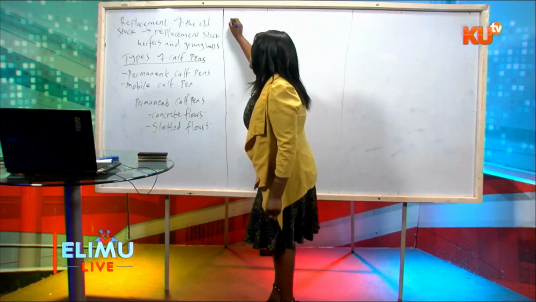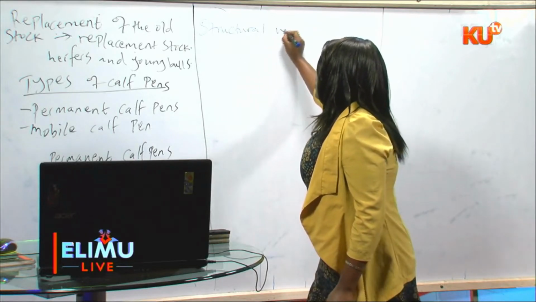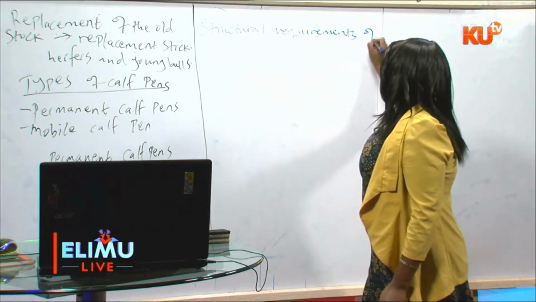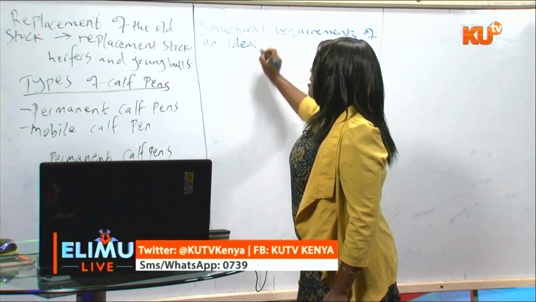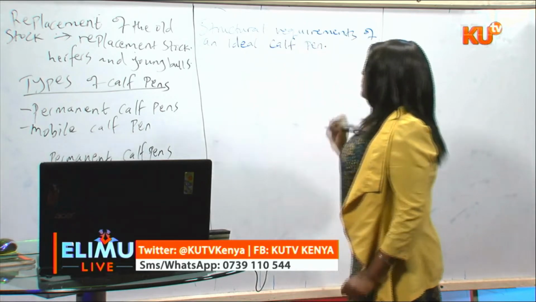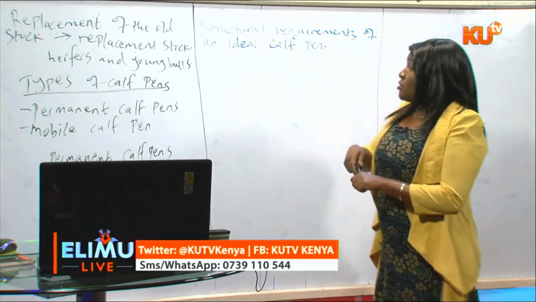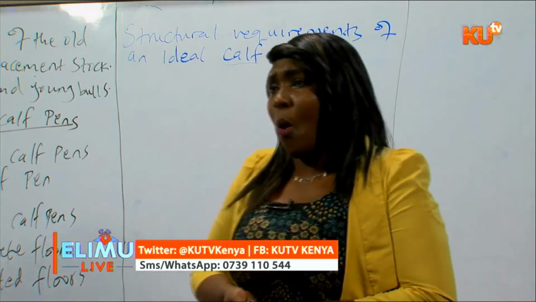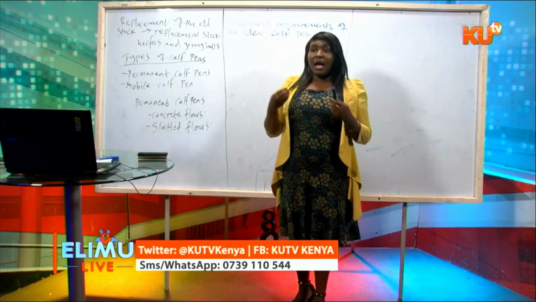Structural requirements of an ideal calf pen. Now, structural requirements. What do we require? What do we look for when we are trying to construct a calf pen?